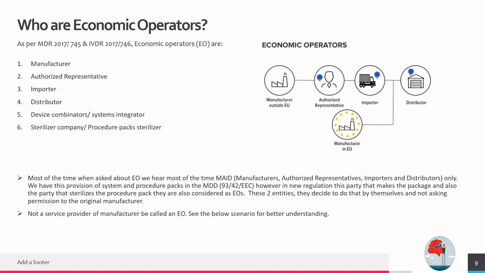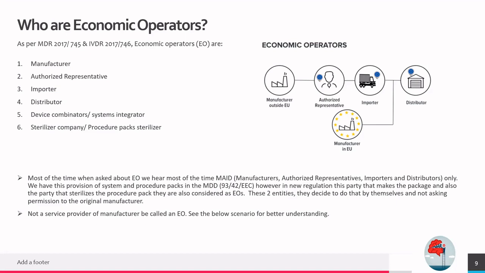I'll tell you one scenario for better understanding. Let's say I am a manufacturing company, and I manufacture the product and send it to a different company that is just doing the packaging with all the information inside.